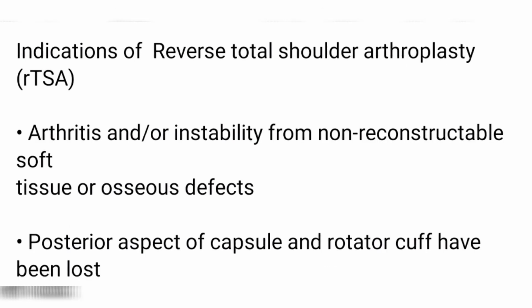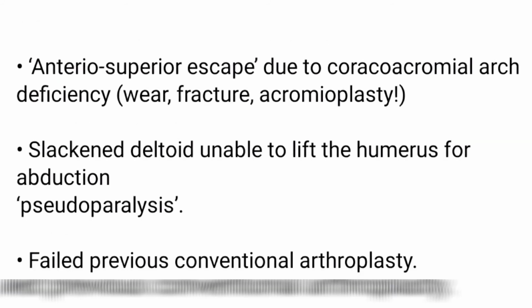Indications of reverse total shoulder arthroplasty are arthritis or instability from non-reconstructible soft tissues or osseous defects, where the posterior capsule and rotator cuff have been lost; anterosuperior escape due to coracoacromial arch deficiency; a slackened deltoid unable to lift the humerus for abduction, pseudoparalysis; and failed previous conventional arthroplasty.